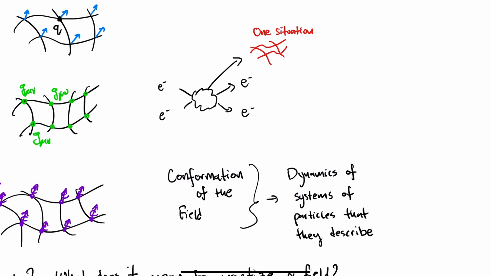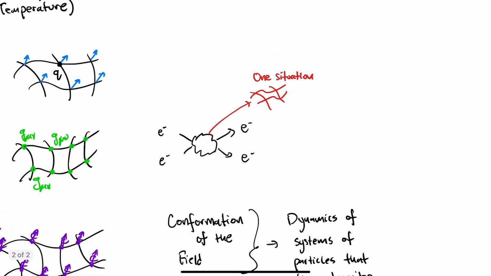Okay, maybe for completion here, I'll put a red pen. All right, we could also have a different field describing another situation. That's what our field looks like. And we could do this on and on for different conformational fields.